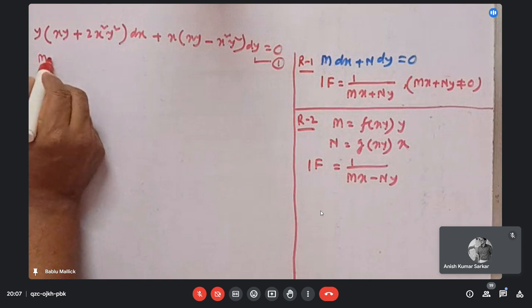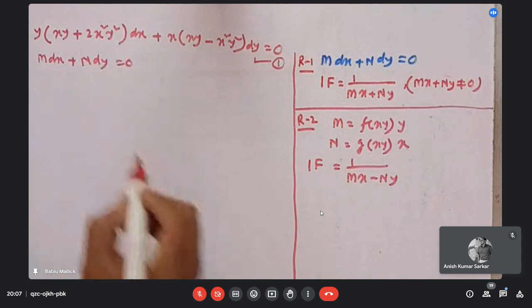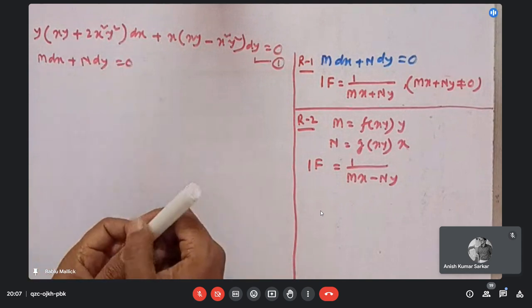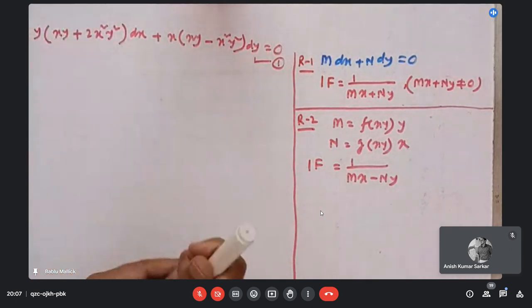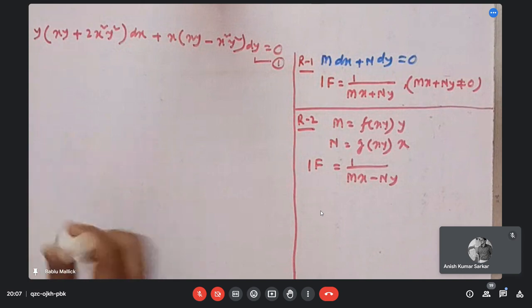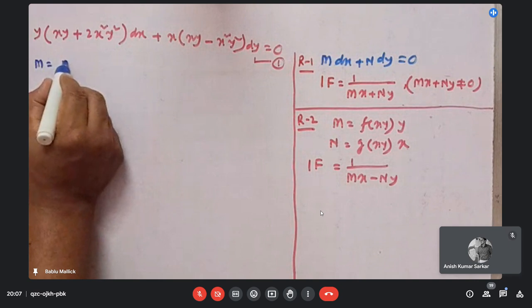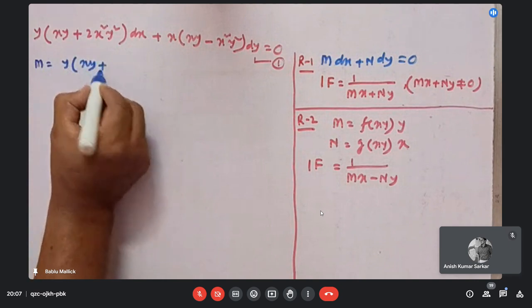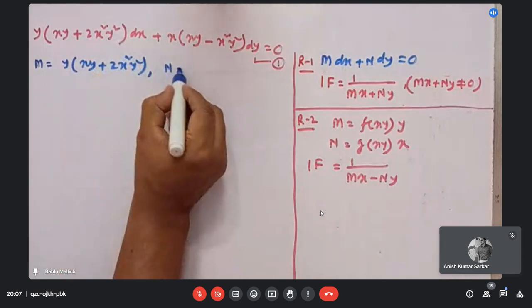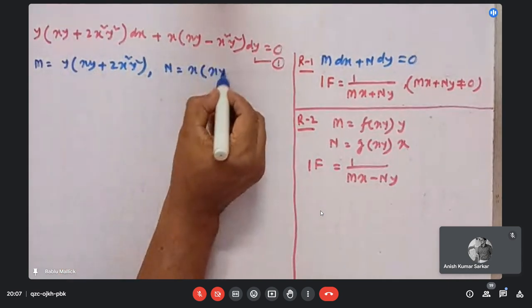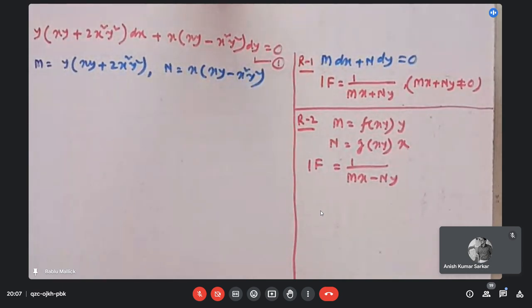Comparing with M dx + N dy = 0, we get M = y into (xy + 2x²y²), and N = x into (xy − x²y²).